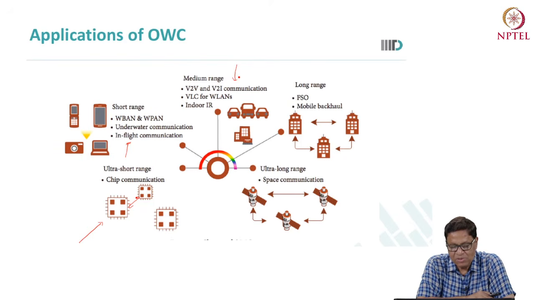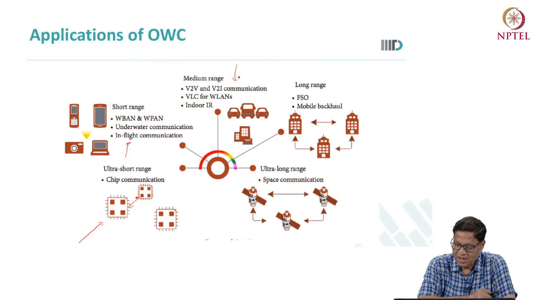So vehicle to infrastructure, this is typically of the order of few hundreds of meters, typically 150 or 200 meters, or one can use it for wireless local area networks or indoor infrared. So these are some of the examples of medium range.